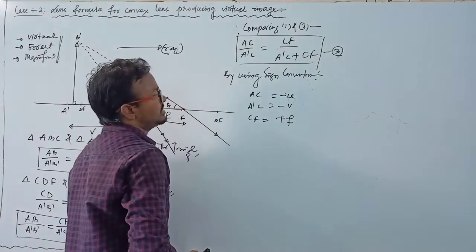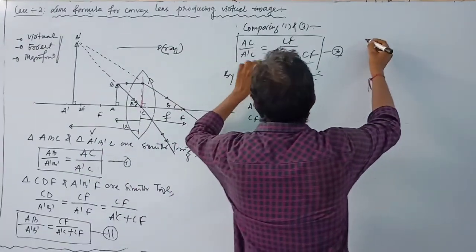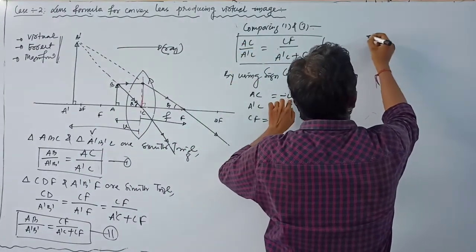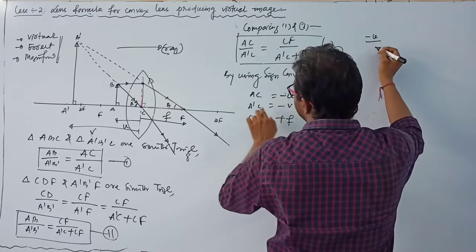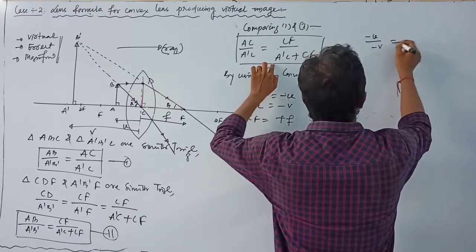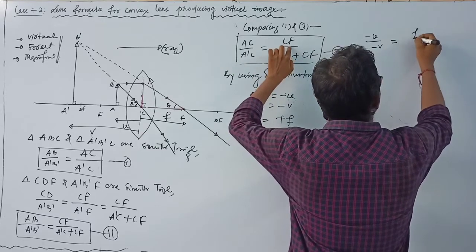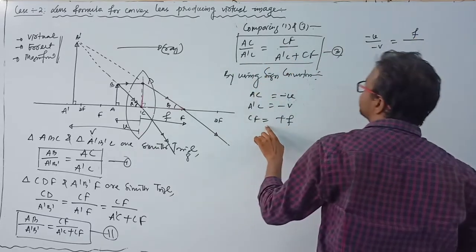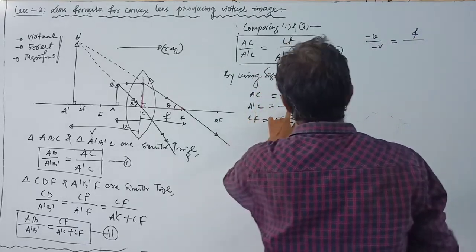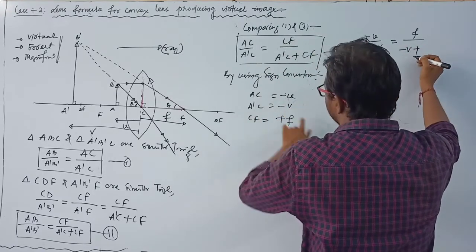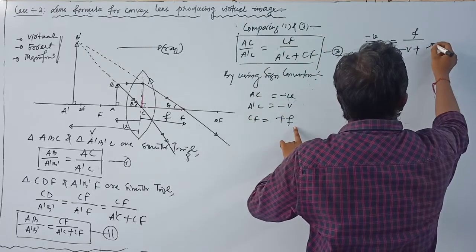Clear? Now use these values: AC equals minus u divided by A'C, minus v, equals CF, that is f, divided by A'C, minus v, plus CF, that is f.